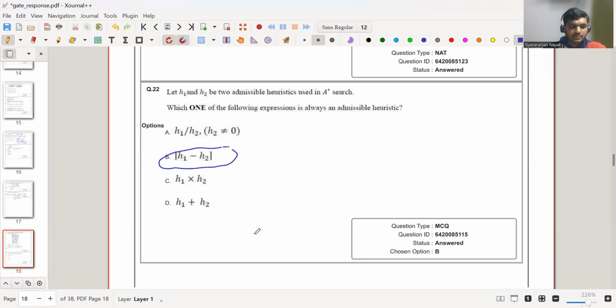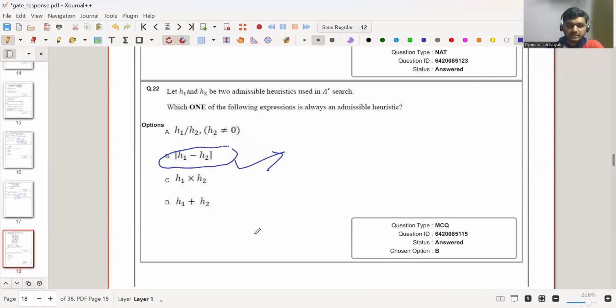Since taking the absolute difference ensures that the result is non-negative, and since both H1 and H2 are admissible, their absolute difference is also guaranteed to be admissible. Therefore, option B is correct. So we proceed for next.